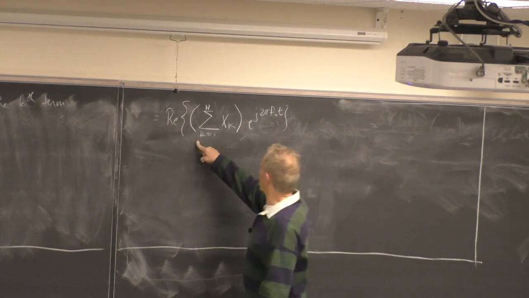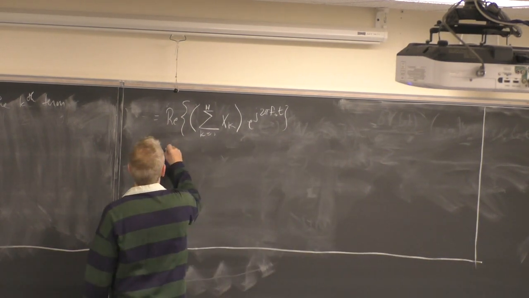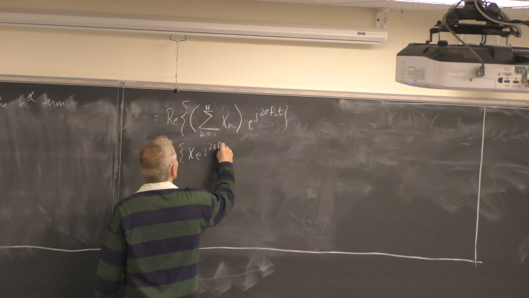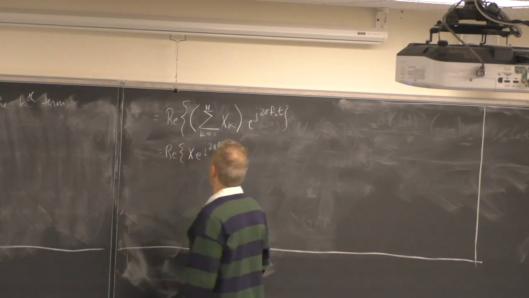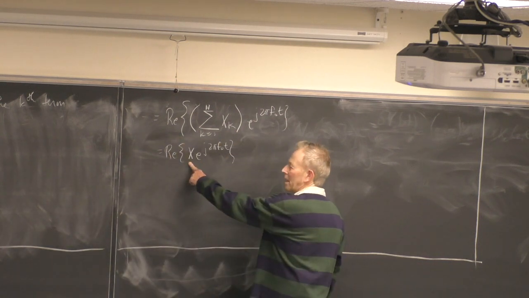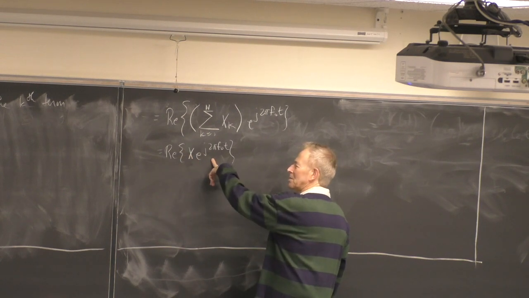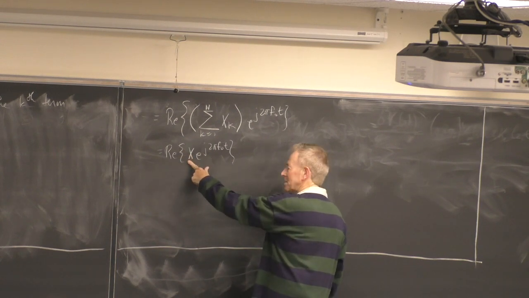And if I call this guy in parentheses cap x, then we see that x of t is the real part of a complex number times e to the j 2 pi f0t. So this is like the phasor amplitude of x of t.